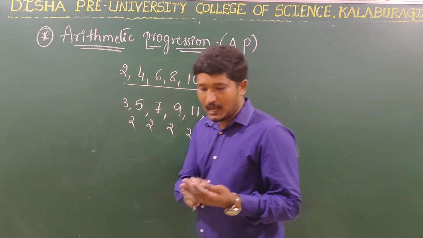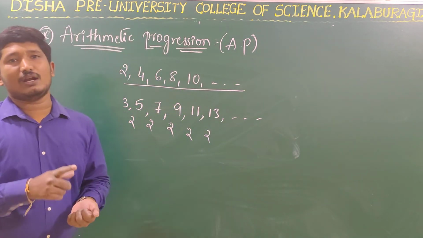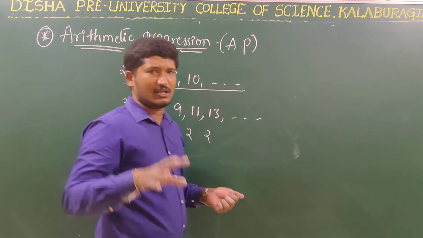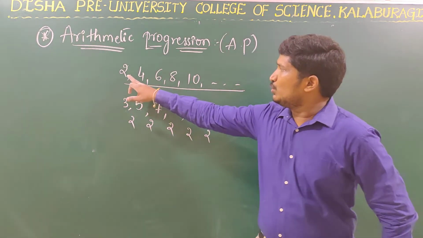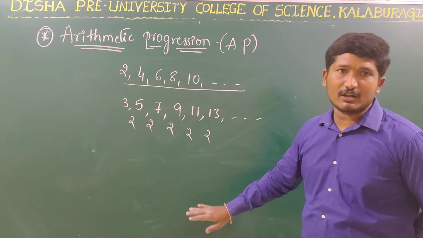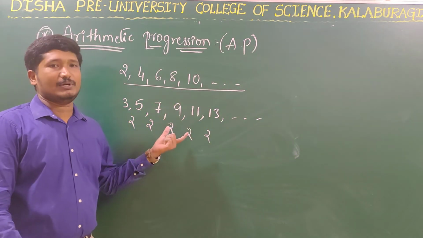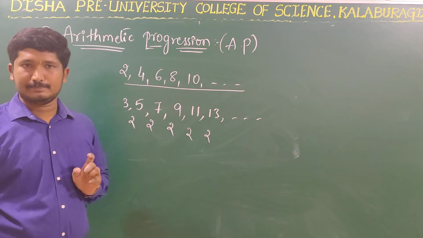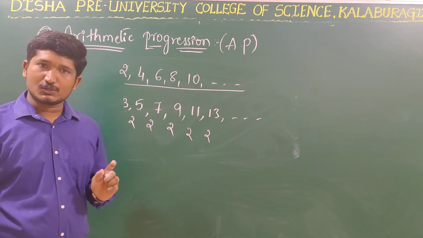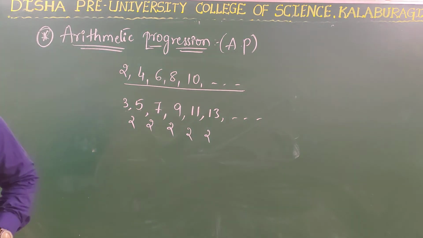That is, if you add, subtract, multiply or divide each term of the given arithmetic progression by any one fixed number, the obtained progression will again be an arithmetic progression. Right? So I hope you understood this point.